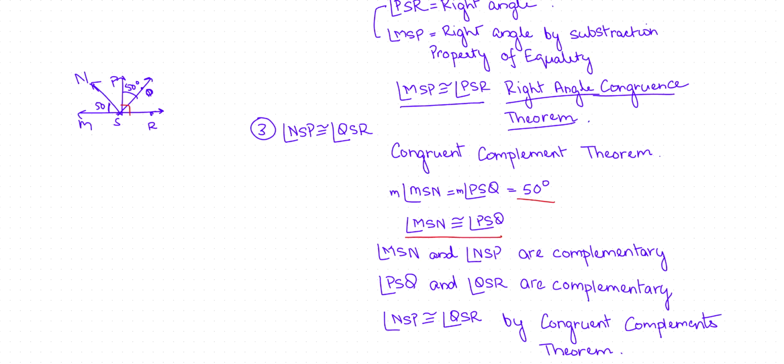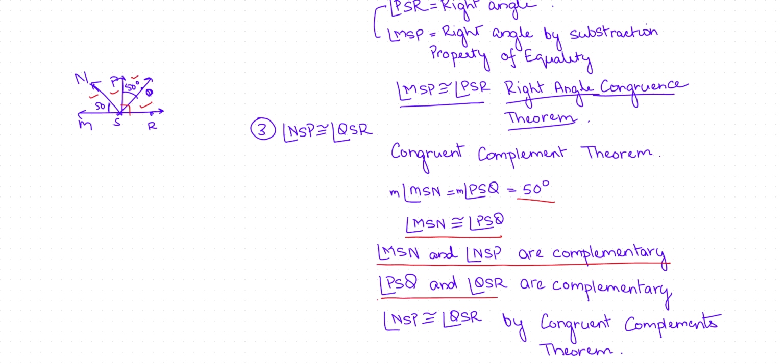Now we see that MSN and NSP are complementary here, and we also see that PSQ here is complementary to QSR because it was given 90 degree. So they are complementary.